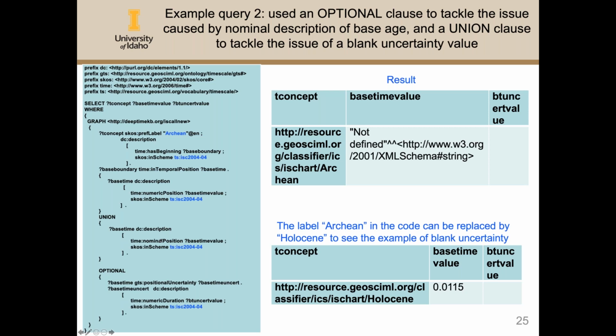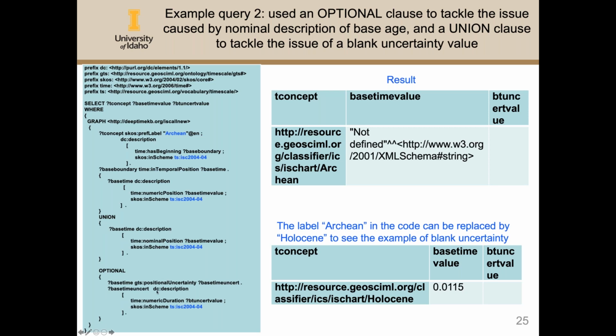But sometimes if the boundary is not defined in the vocabulary, it can be just a label, for example, not defined. So in the vocabulary, there's a different property called nominal position. So we need to incorporate that situation, and here we use a union clause to tackle it.